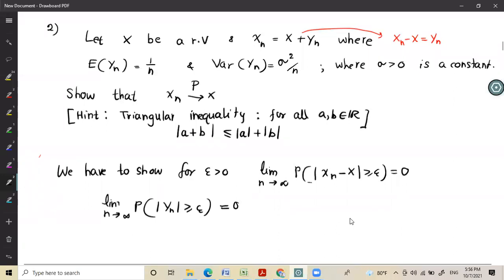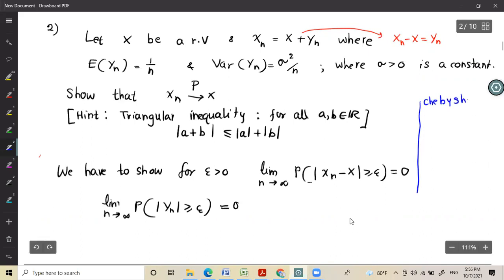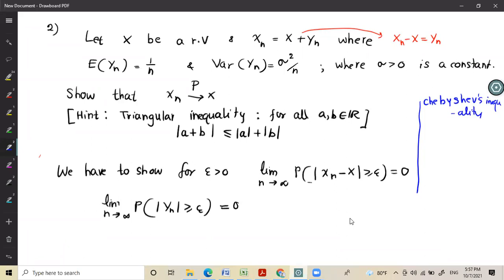Now, can you remember Chebyshev's inequality? Chebyshev's inequality has two forms. So I'll write it down here. If you have your notes, you can also check it and see whether you can find it.